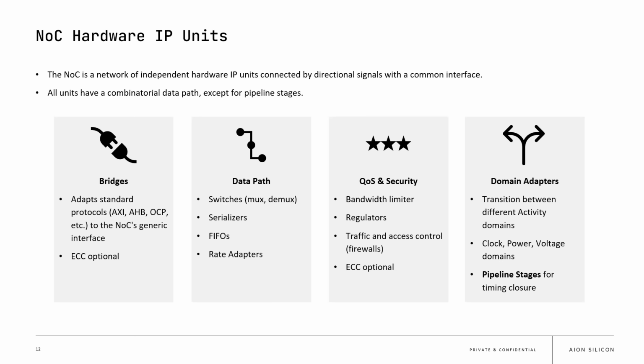And then finally, we've got the domain adapter, which is performing transitions between different activity domains, and also things like clock, power, voltage domain management. In addition to that, there is support for inserting pipeline stages to assist with timing closure. So those are broadly your four categories of NoC IP units.